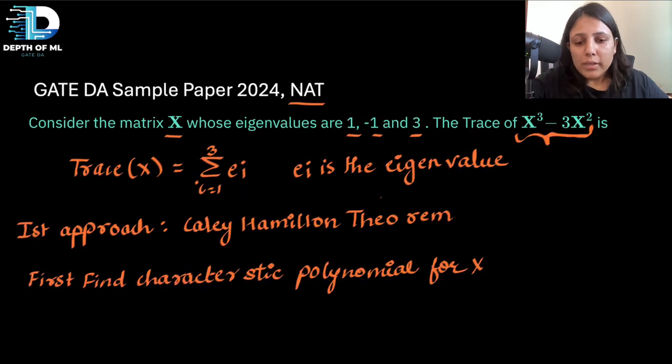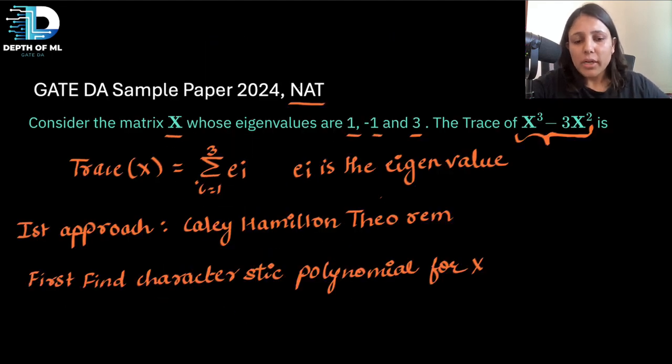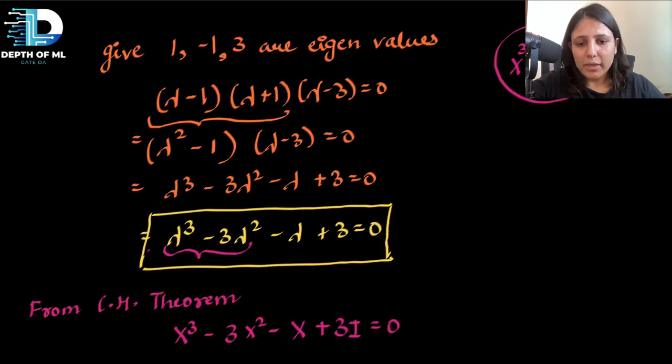Okay, now I want to show you another approach that can take less time than this approach, because here we had to calculate the characteristic polynomial and find this form, and check whether this exists or not. There is a simpler way of doing this. Let's see that.